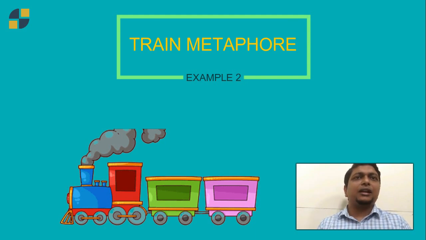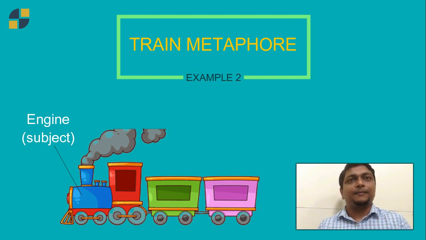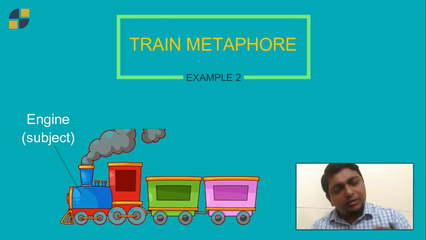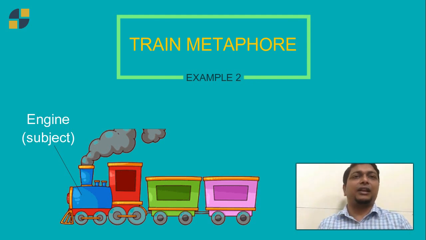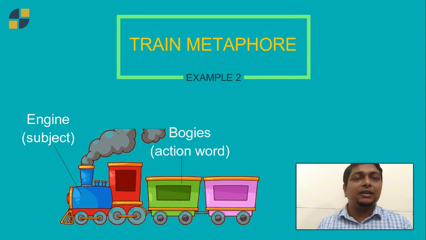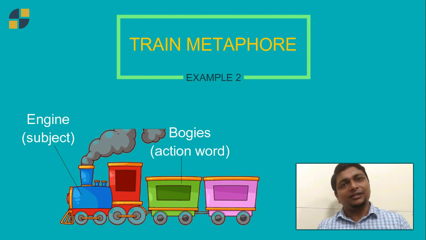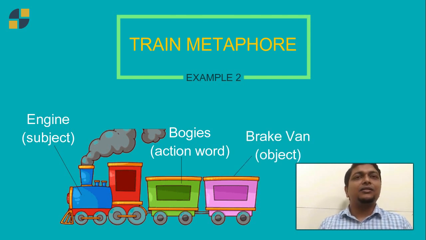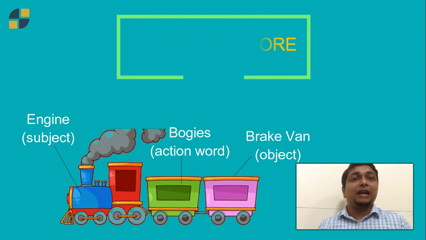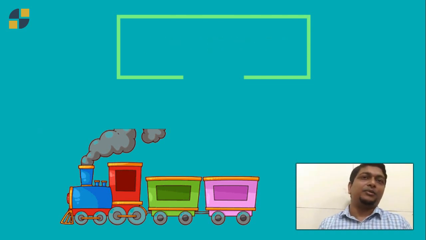For our context, we need to first identify the engine, which is the subject, that pulls the entire train, followed by the bogie, which is the action. And then the brake van or the mail van or the guard van, which is the object.